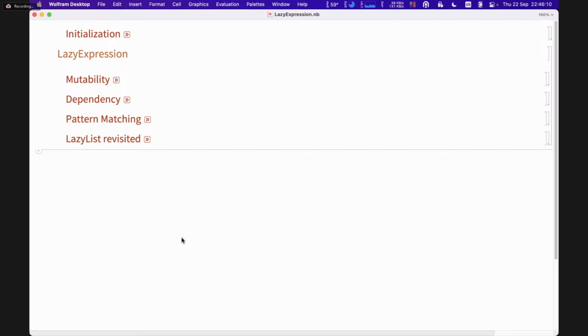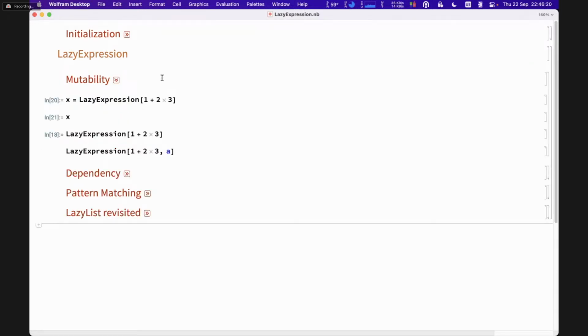So I tried to make this general thing, like an expression, have this mutability property. Which expressions do not have? In general, all of the expressions are immutable. Right. But somehow lazy expressions, the idea is that they're not immutable. I tried to make them mutable and see what it's going to lead me to.